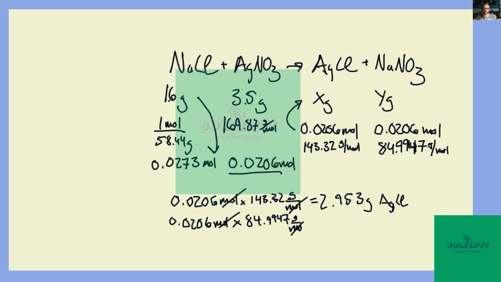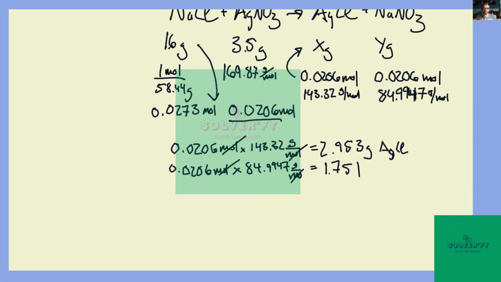Moles cancel, and our answer is, let's see, 84.9947 times 0.0206 equals, give me a second here, 1.751.